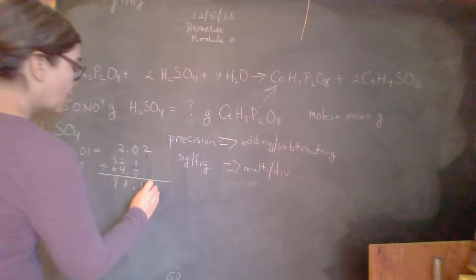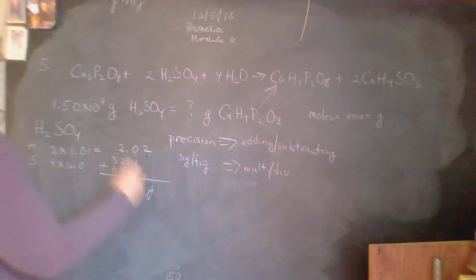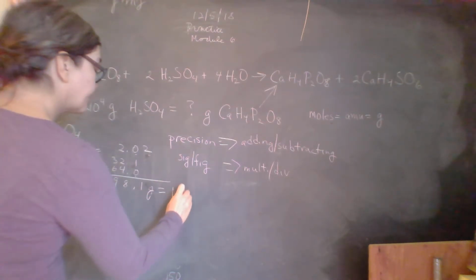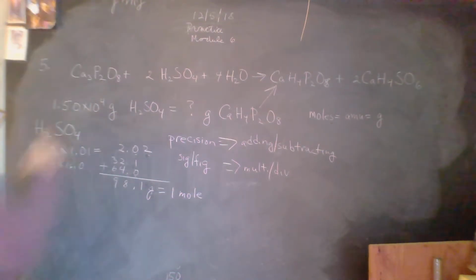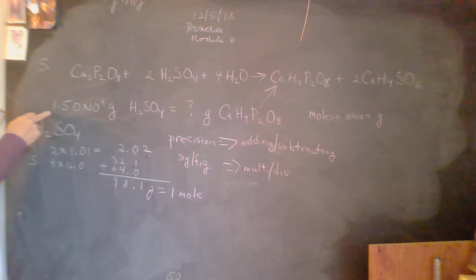So 98.1 grams of this equals 1 mole of H2SO4, okay? So I don't have 98.1 grams. I have 1.50 times 10 to the 4th grams. What do I need to find out?